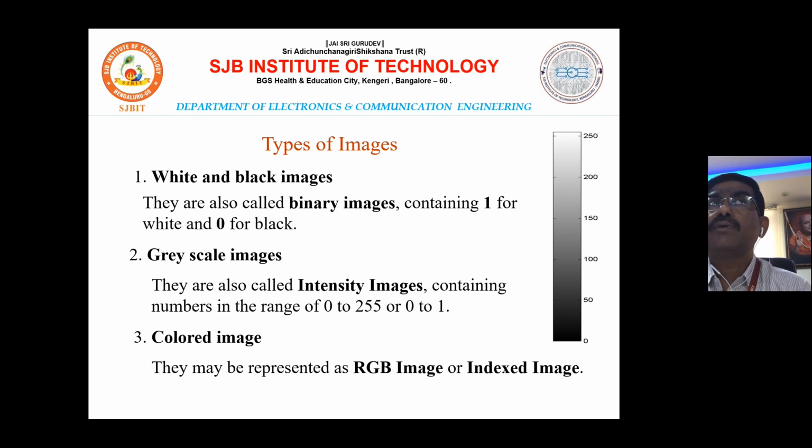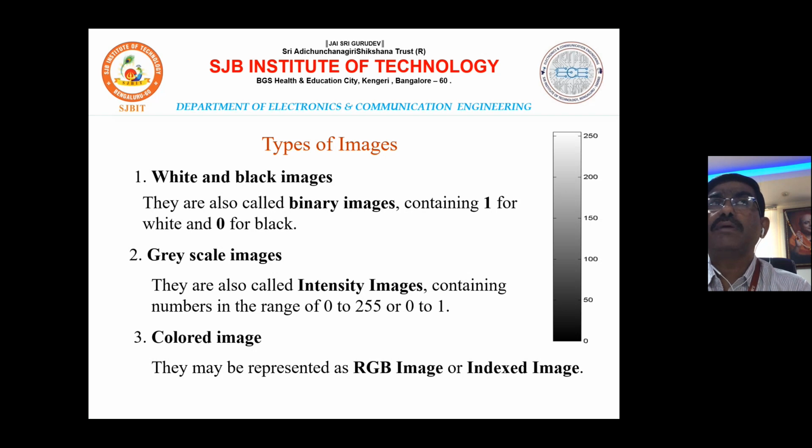Now we'll come to one by one, a detailed explanation of each type of image. White and black images are also called binary images. Binary is nothing but 0 and 1.